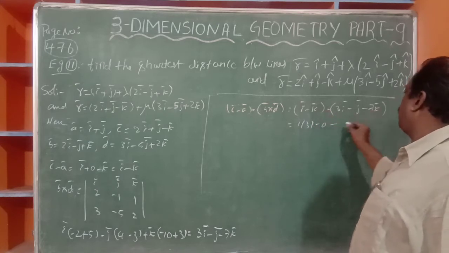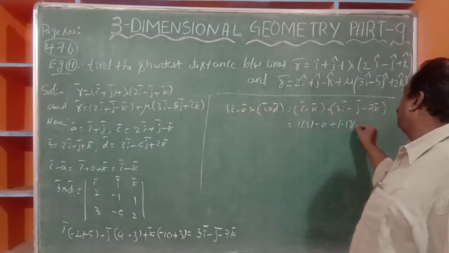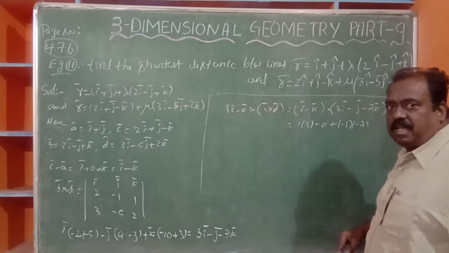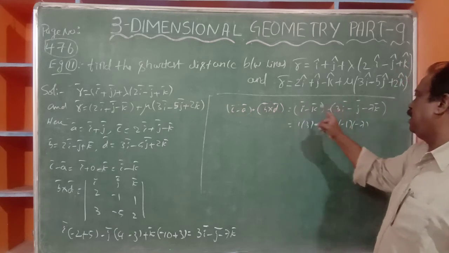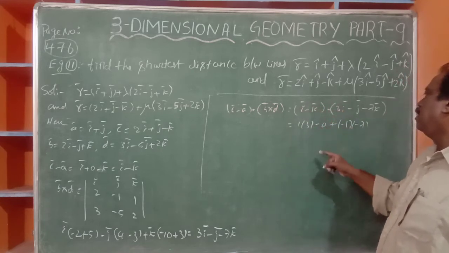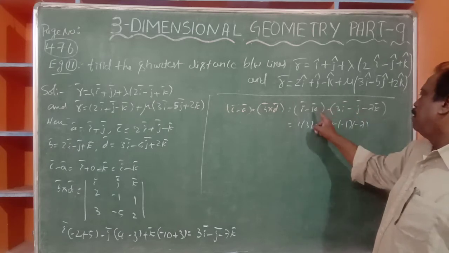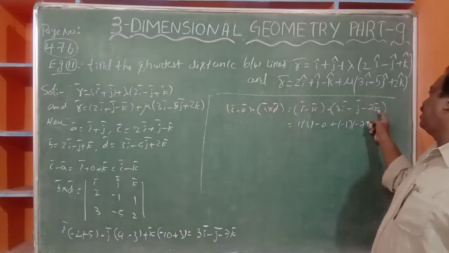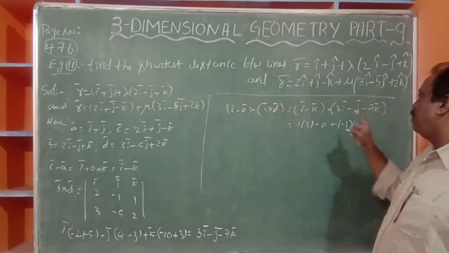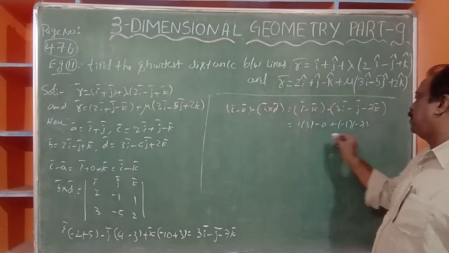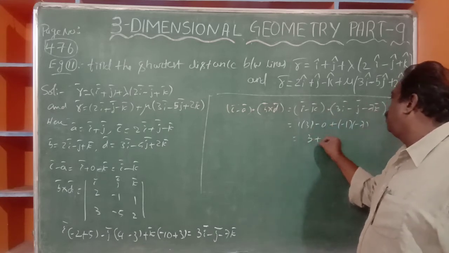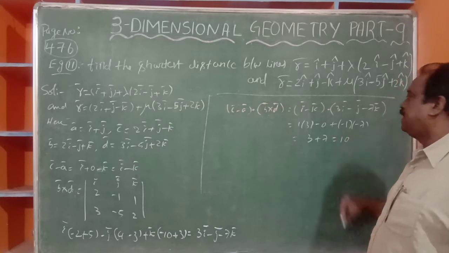Then minus 1 into minus 7. Be careful with the arithmetic. k dot k is there only. So 3 plus 7, this is 10.